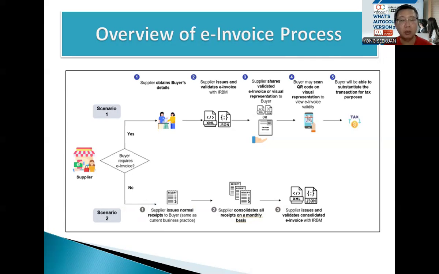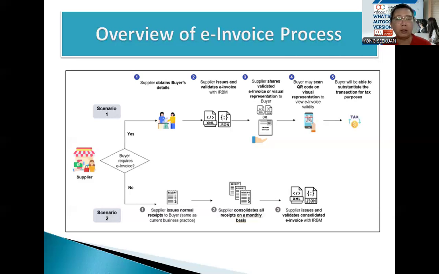The buyer buys something from you, then you issue the invoice to the buyer. Then the invoice is validated by LHDN, and the buyer can scan the QR code in your invoice.